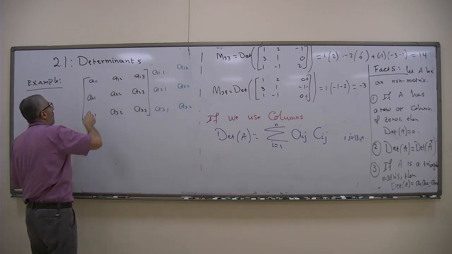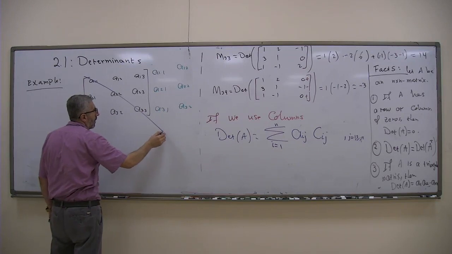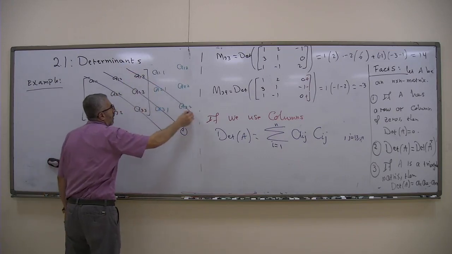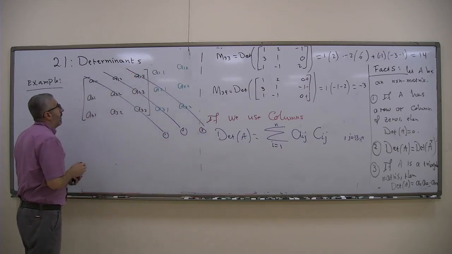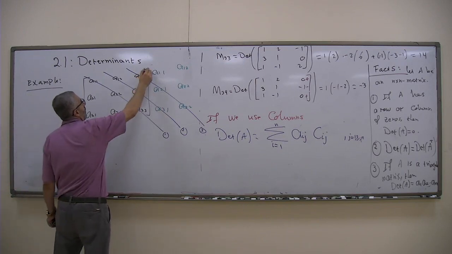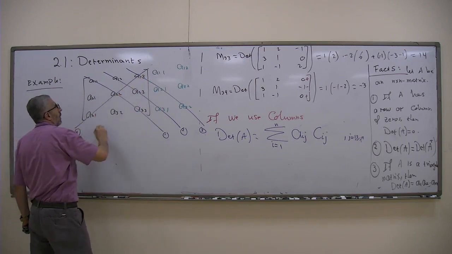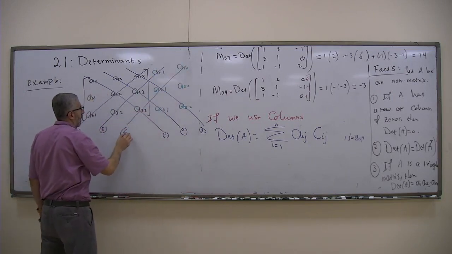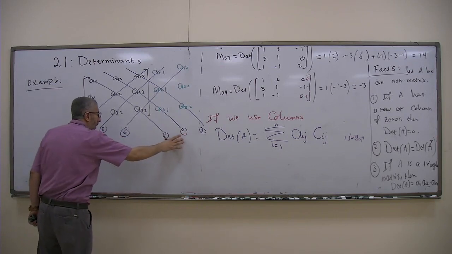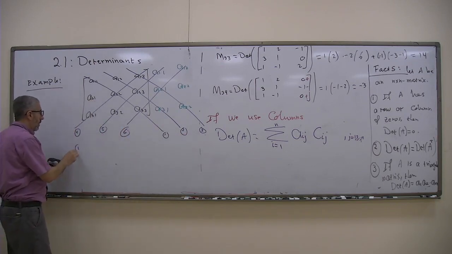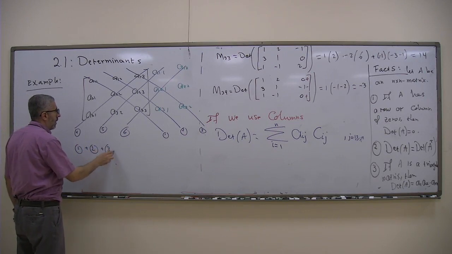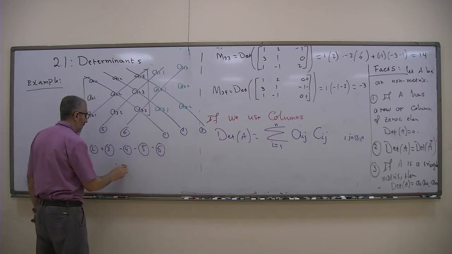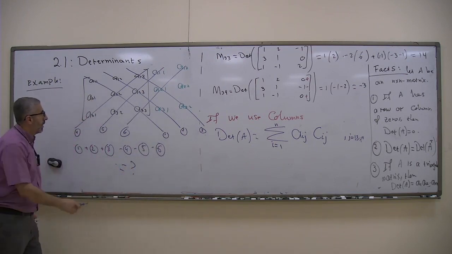And you multiply this, you multiply this, you multiply this, then you multiply this, you multiply this, you multiply this. And now, those minus those. So 1 plus 2 plus 3 minus 4 minus 5 minus 6. What you get will be the determinant of A.